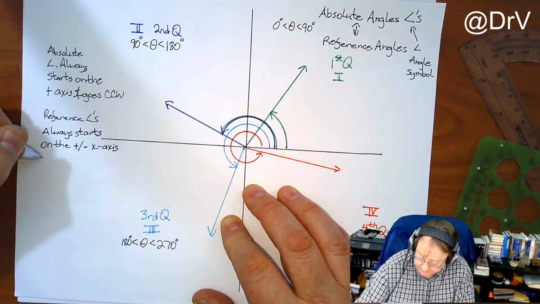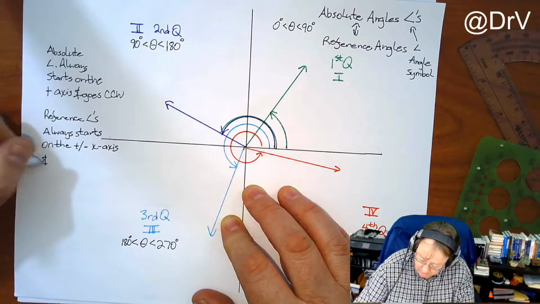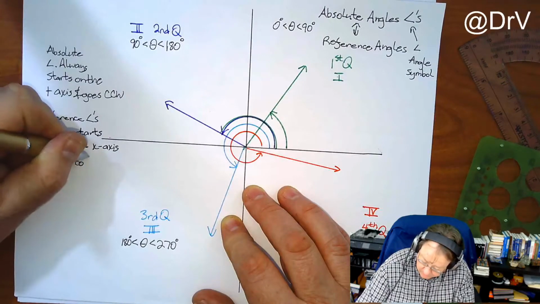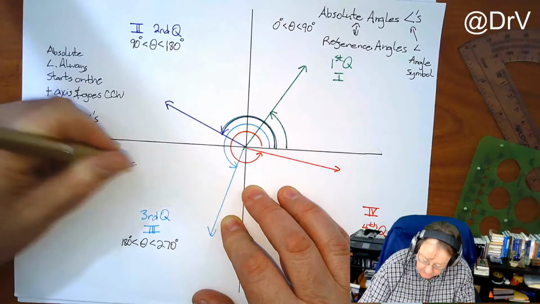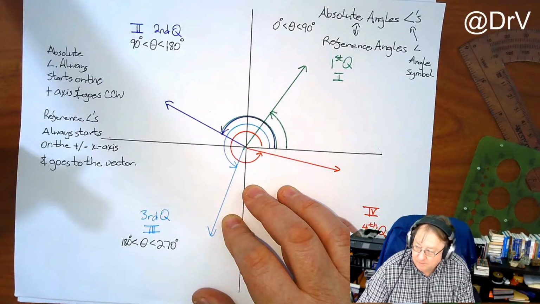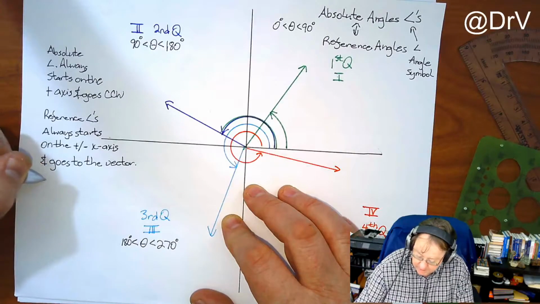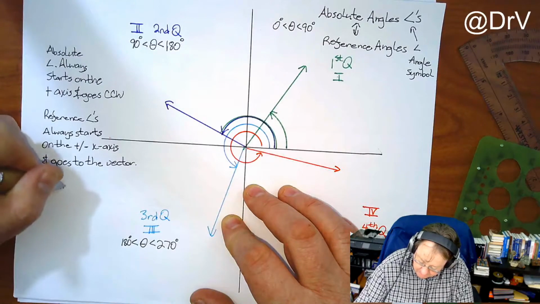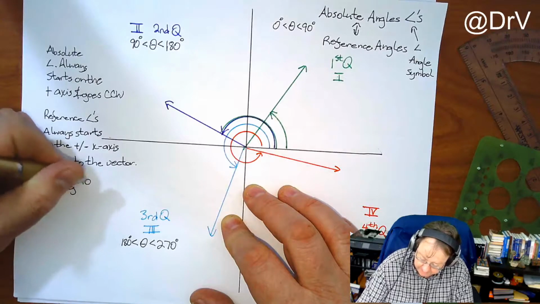And in this particular case, even when the vector goes clockwise or counterclockwise or whatever, the theta R magnitude is always greater than 0 but less than 90.